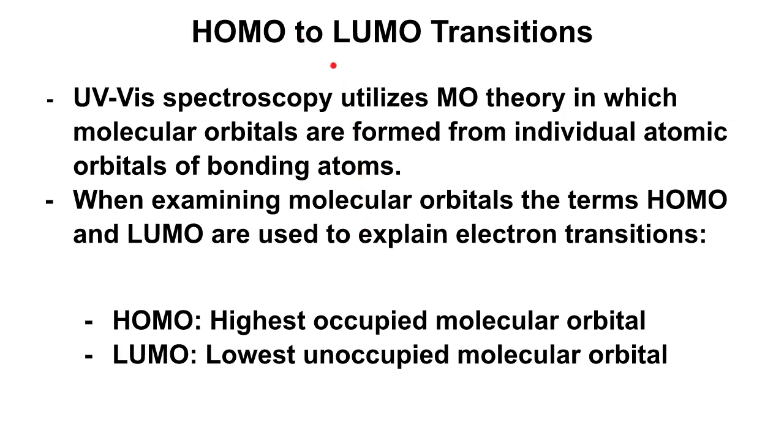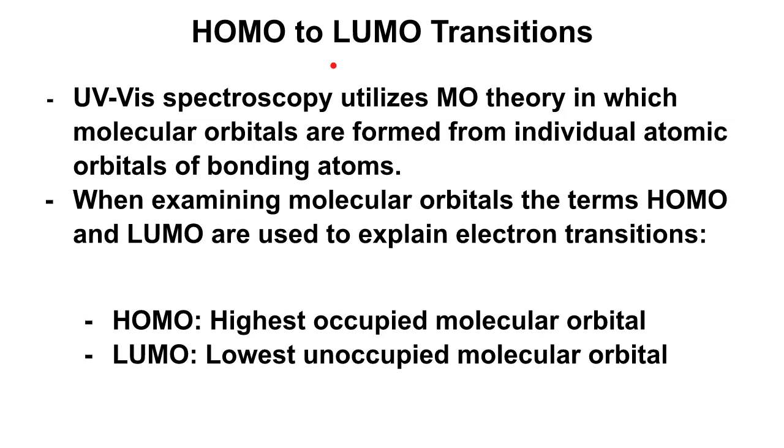So, a little bit more in terms of how this works. You have your HOMO and your LUMO transitions. Now, what does this refer to? In UV-Vis, we're going to utilize a lot of MO theory. For those that may have taken a course that uses MO theory, this is molecular orbital theory.